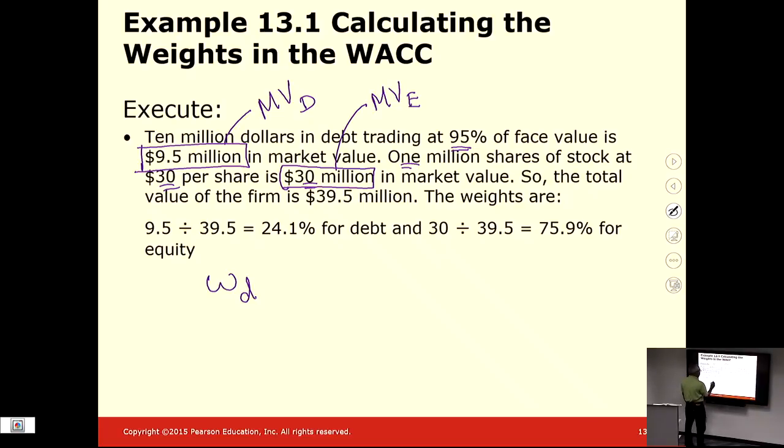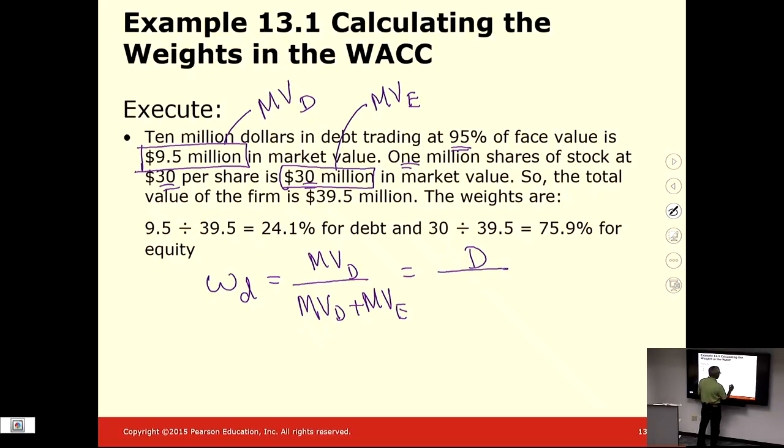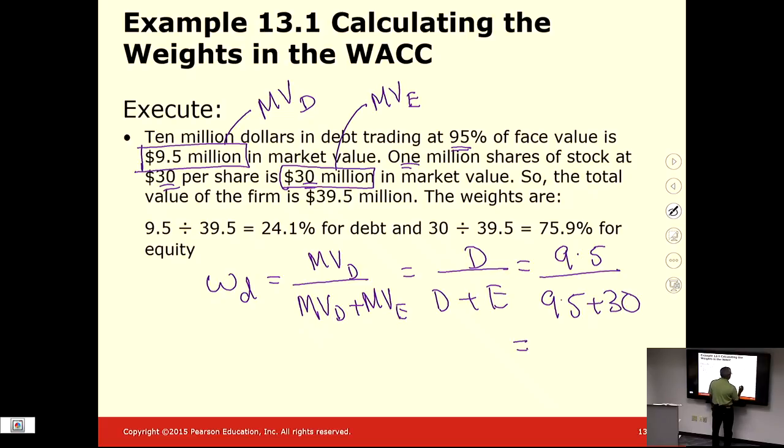So weight of debt is the market value of debt divided by market value of debt plus market value of equity. To be simple, I can just write this as D divided by D plus E. So D is 9.5. I divide that by 9.5 plus 30. So 9.5 divided by 39.5 would be 24.1%, which is what we have here.